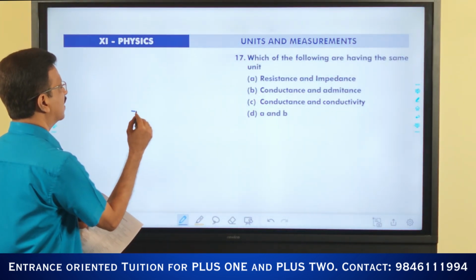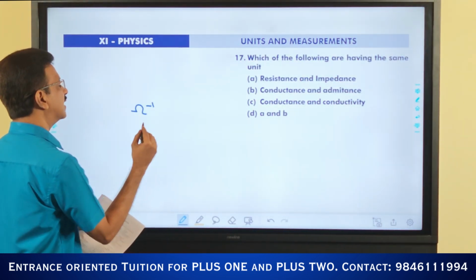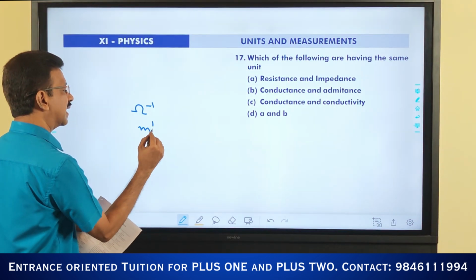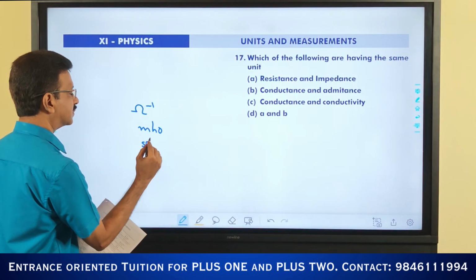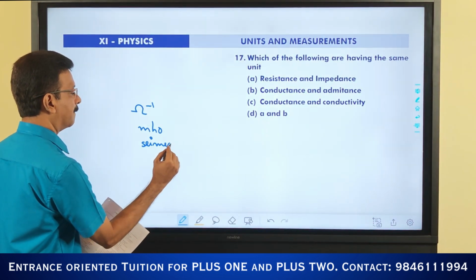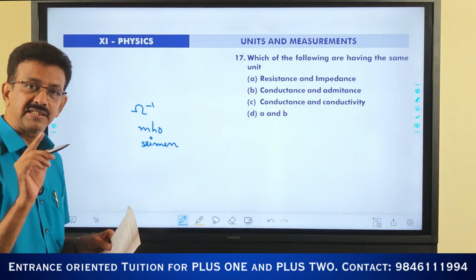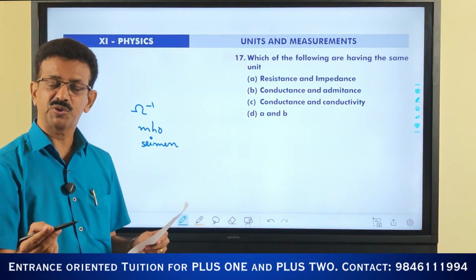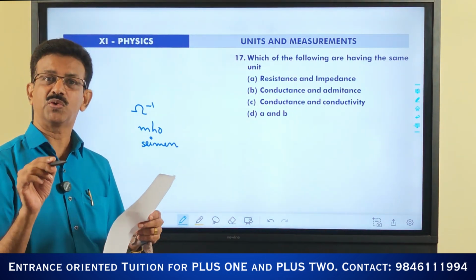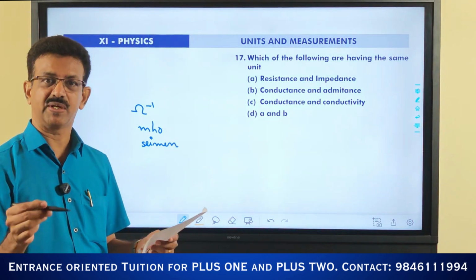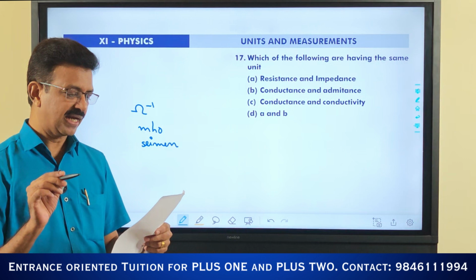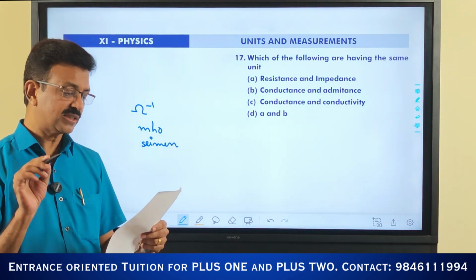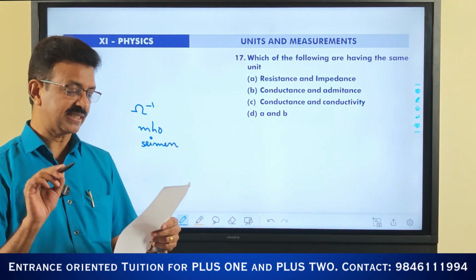For conductance, ohm raised to minus 1 can be written as mho or Siemens. Similarly, for admittance also, 1 by impedance equals admittance with the same unit, ohm raised to minus 1, mho or Siemens.